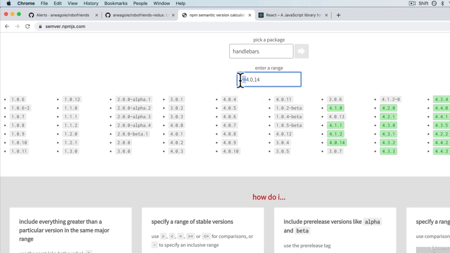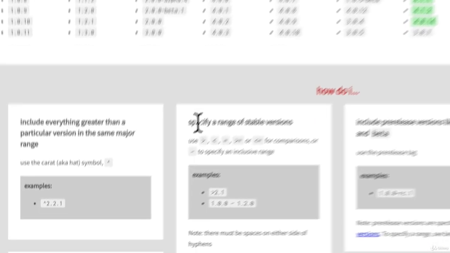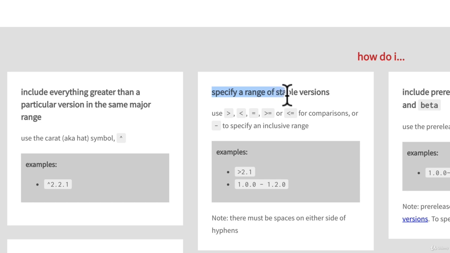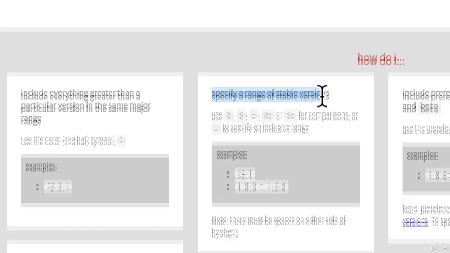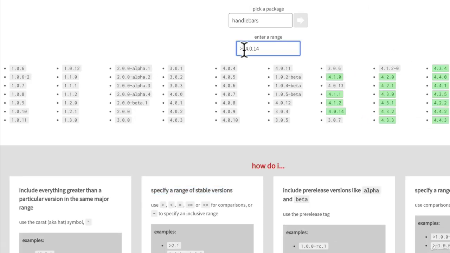Now you see here that I have different symbols that we haven't seen before. And if I go down, it actually tells me that it specifies a range of stable versions. So this just means, hey, download anything greater or equal to version 4.0.14. If I do the caret symbol, which we've seen before, and I hit enter, I get the same thing.